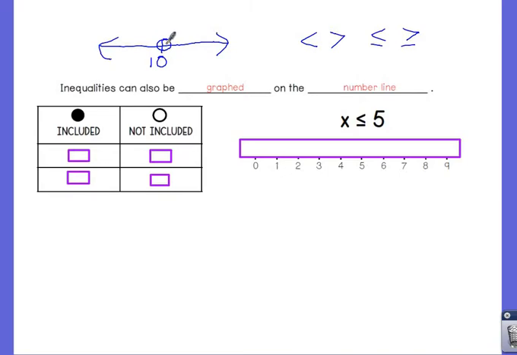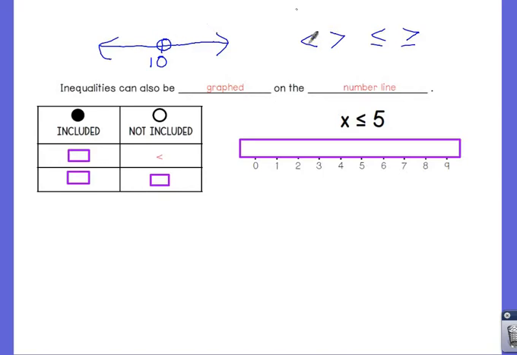No. So is that included? No. So that symbol means not included. It would be an open circle, because if I'm saying I'm giving you less than $10, there's no way I'm giving you $10.